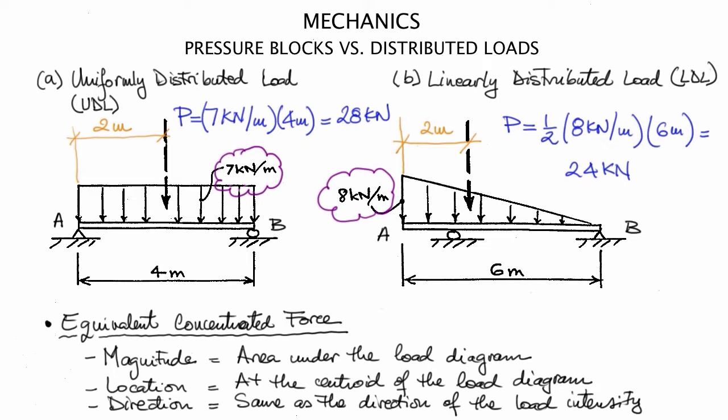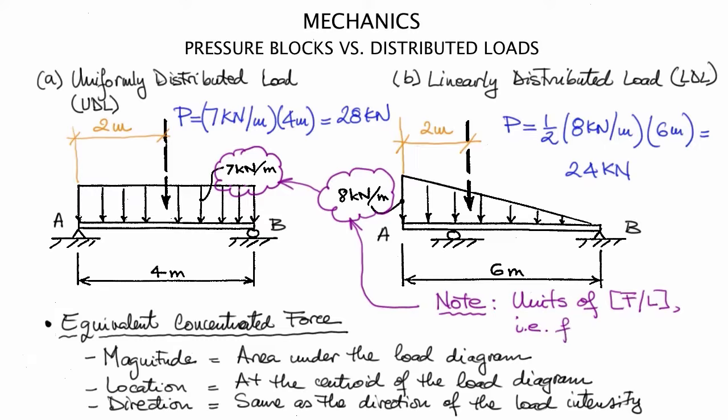Now one thing you should note is that the load intensities are given in units of force per length. So that shows that the force is distributed in one direction, force distributed along a line in one direction only.